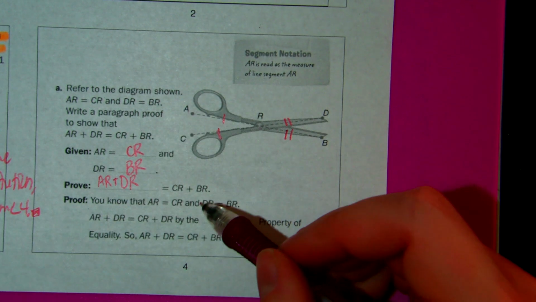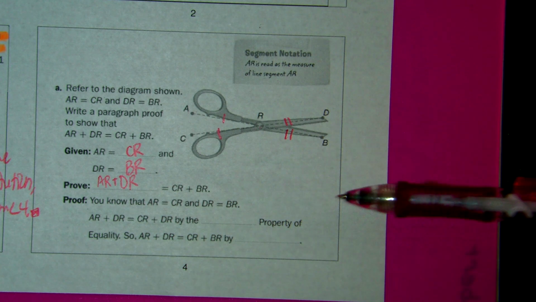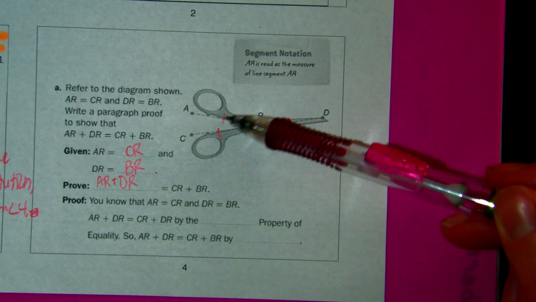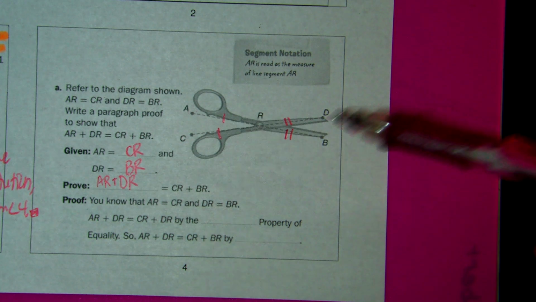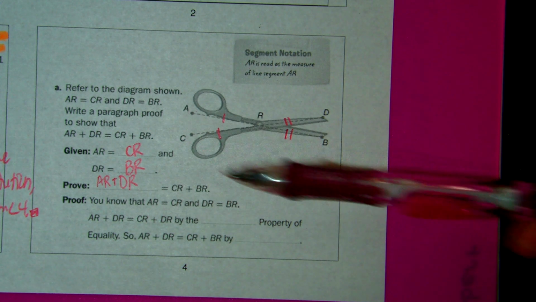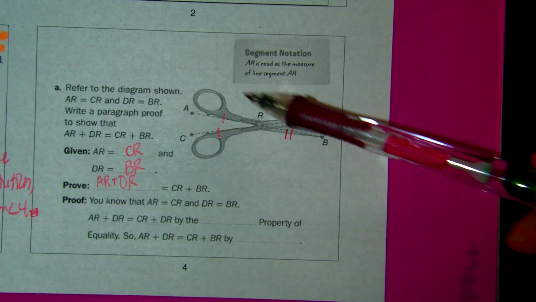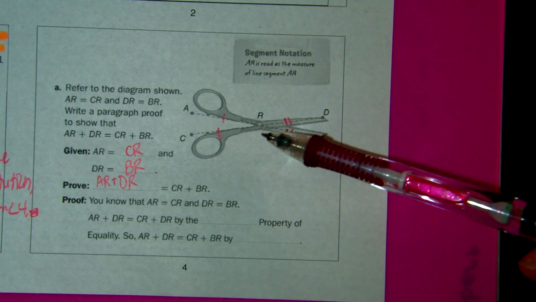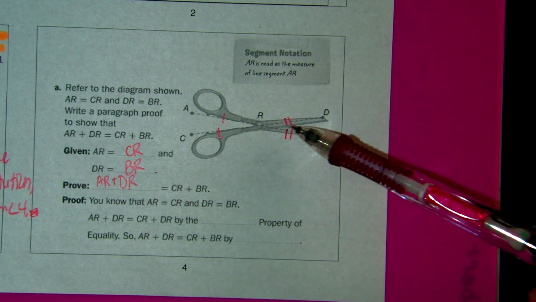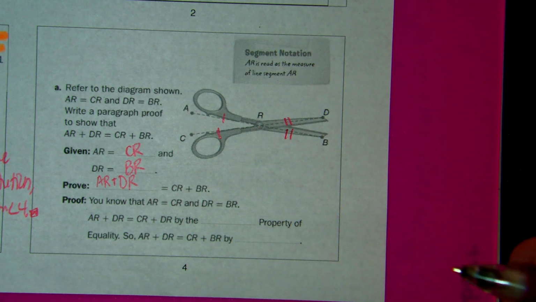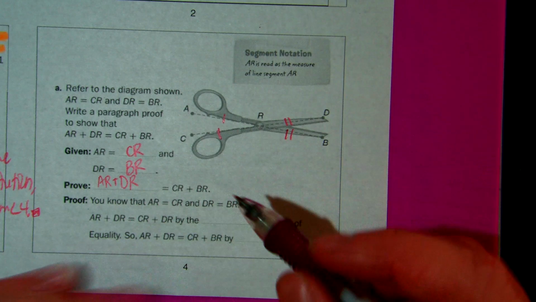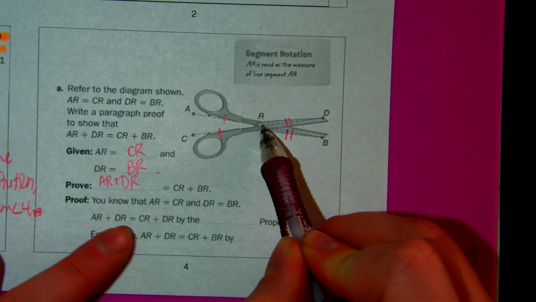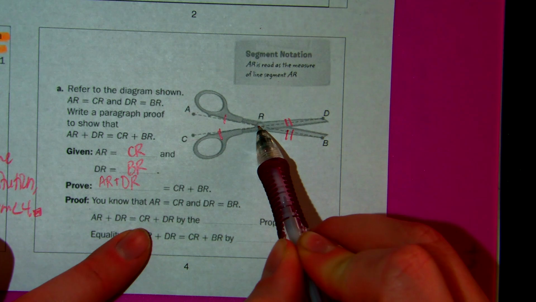So we're just going to try and fill in the blanks as they say. So we know that AR equals CR and DR equals BR. So we know that top equals bottom. So it says AR plus DR equals CR plus DR by the addition property of equality. So AR here plus DR is equal to CR plus DR. So that's that line.